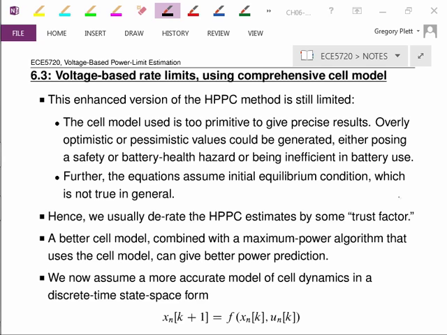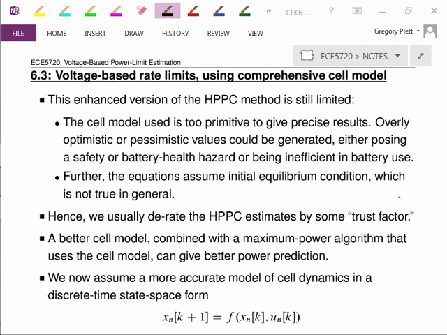Another thing these equations assume, based on how the resistances are calculated, is that the battery is in an initial equilibrium condition, and that's not true in general because we're operating this battery cell quite dynamically. And so we'd like to be able to refine the method to handle a more general case.